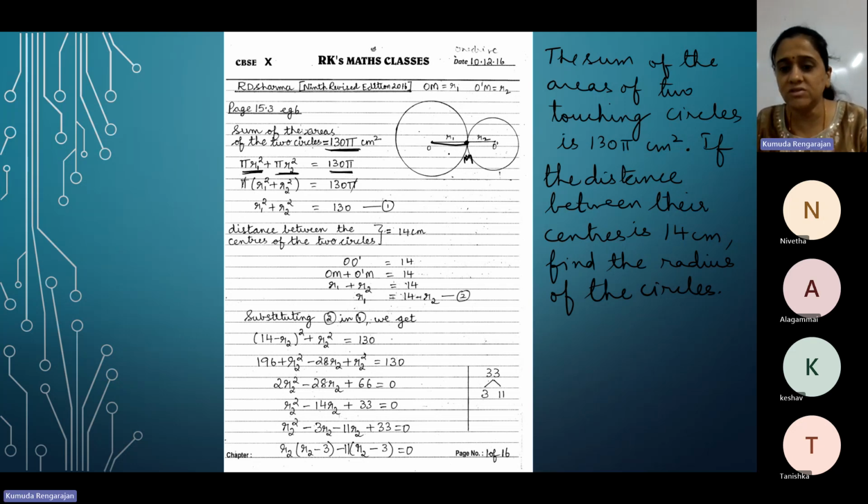Then the distance between their centers is 14 centimeters. What is the distance between their centers? O O dash is the distance between their centers.